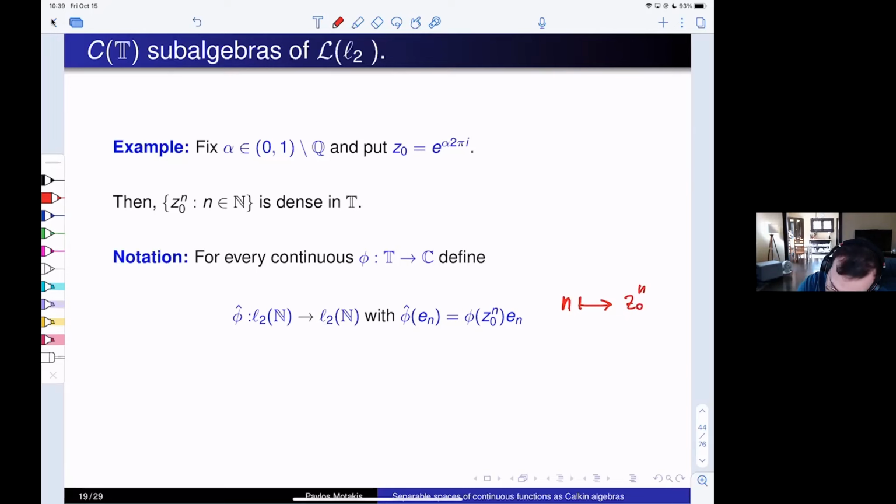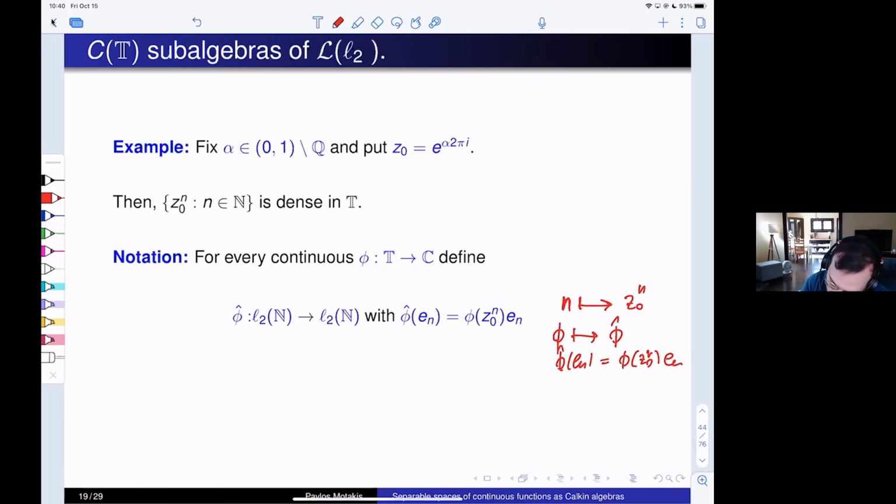And then I identify every continuous function on the torus with a bounded linear operator on the Hilbert space, which takes the nth element of the unit vector basis and sends it to a multiple of itself that comes from the action of phi on this element of the dense set that I identified with the nth element of the unit vector basis.